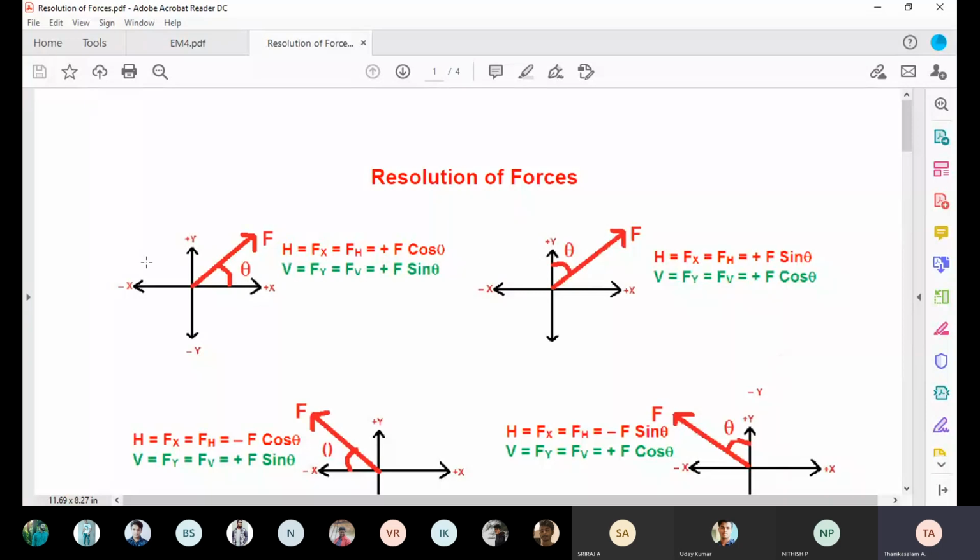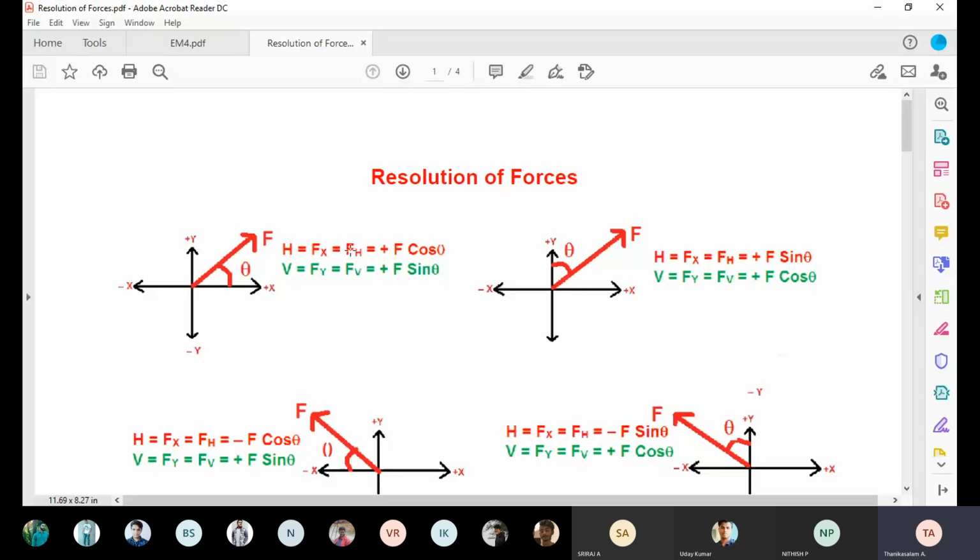Okay, see the first diagram. The force is lying in the first quadrant. The theta is inclined with respect to the x-axis. I have already told you, any inclined force you must convert into x direction and y direction. That is called H or V. H means horizontal component of force. V means vertical component of force. Other name, Fx, that is force in x direction.